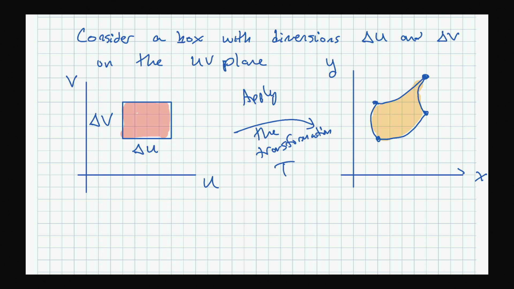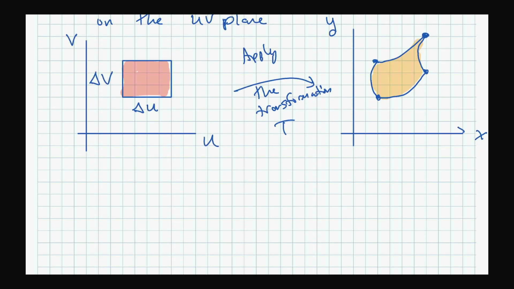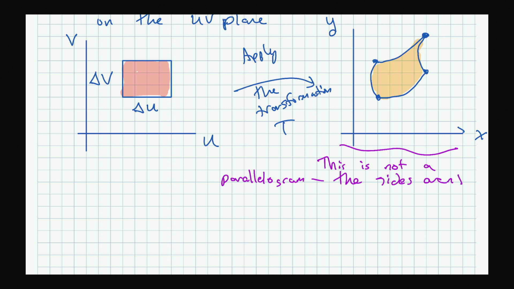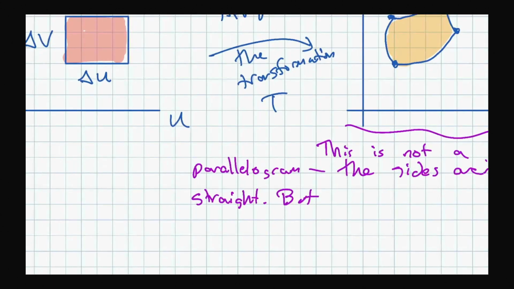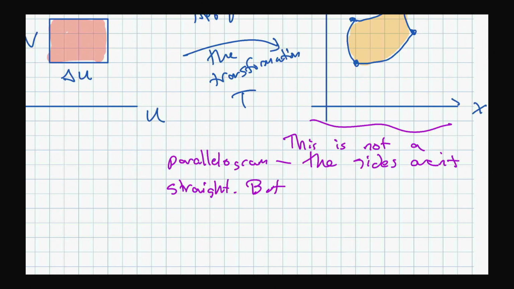And so this is where I'm going to be a little bit hand wavy. So the first thing is this shape here is not a parallelogram. So let me note that. This is not a parallelogram because the sides are not straight. But the smaller it is, the straighter the sides will look.